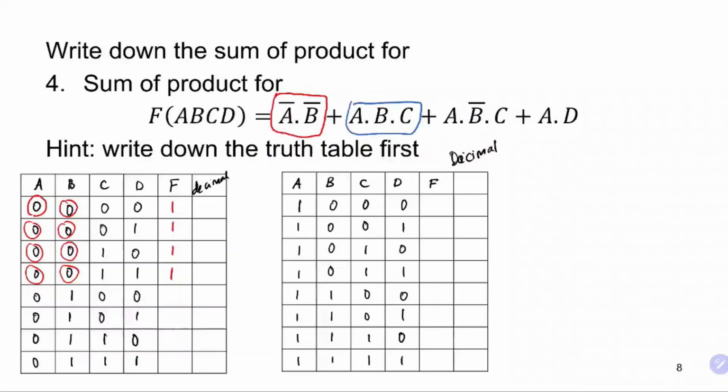So no bar, meaning that it's 1. My A is 1, B is 1, C is 1. That will be this, and this. My A, B, C is 1, and this. This one? A is 1, B is 0, C is 1.